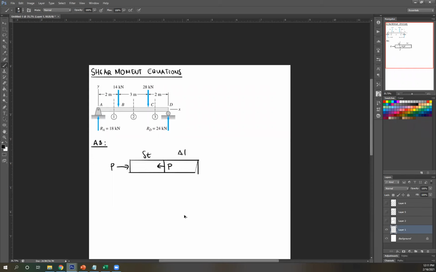What does this mean? Before we can do summation of forces, I need to, yes, free body diagram, but specifically what?